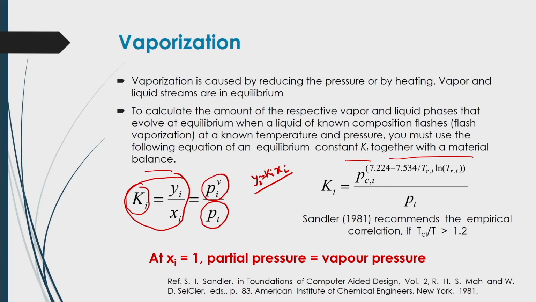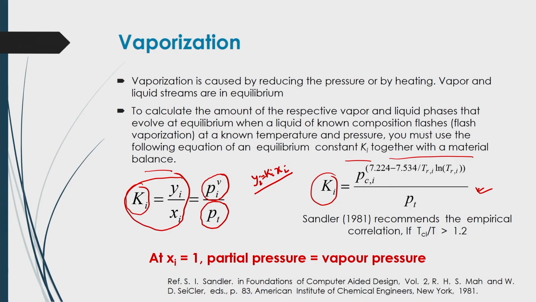Now, in this case this K_i you can also calculate if you know the reduced temperature and the critical pressure, from the correlation suggested by Sandler, this empirical equation.